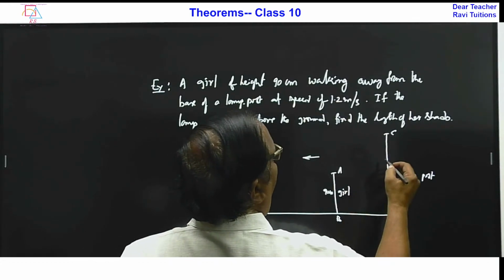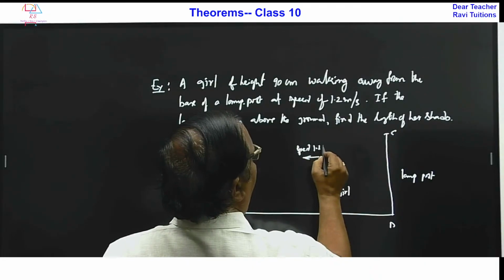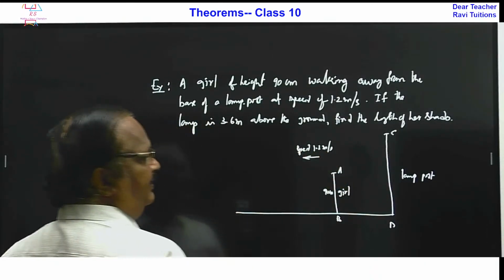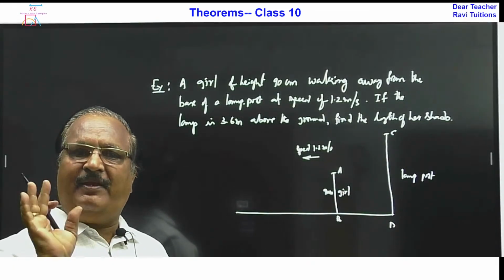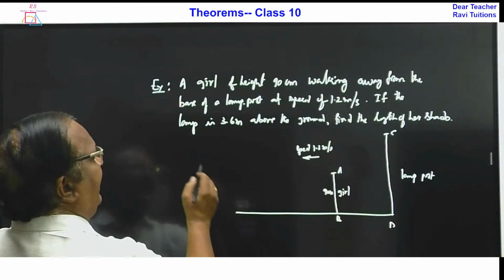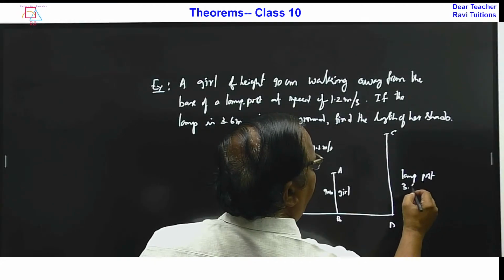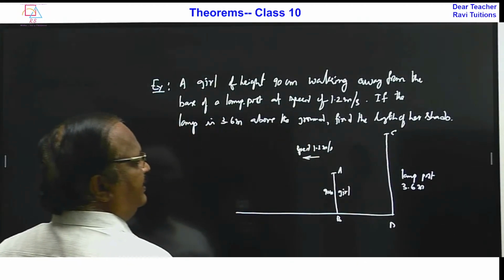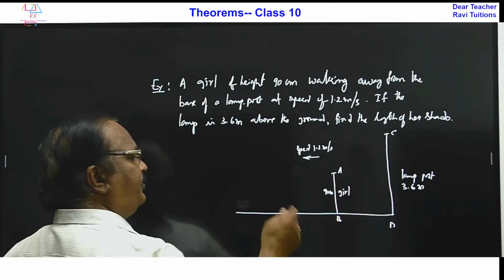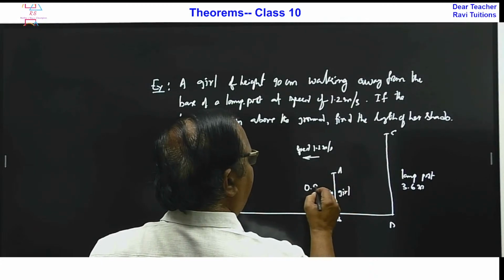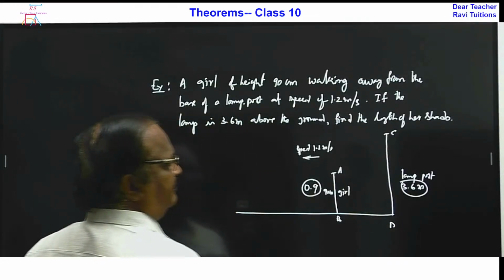And walking away with speed 1.2 meters per second. Once you start drawing the picture, then everything will be easy for you. So the lamp is 3.6 meters. Remember that this is in centimeters and this is in meters. So you can convert this into meters, 0.9 meters, and this is 3.6 meters.